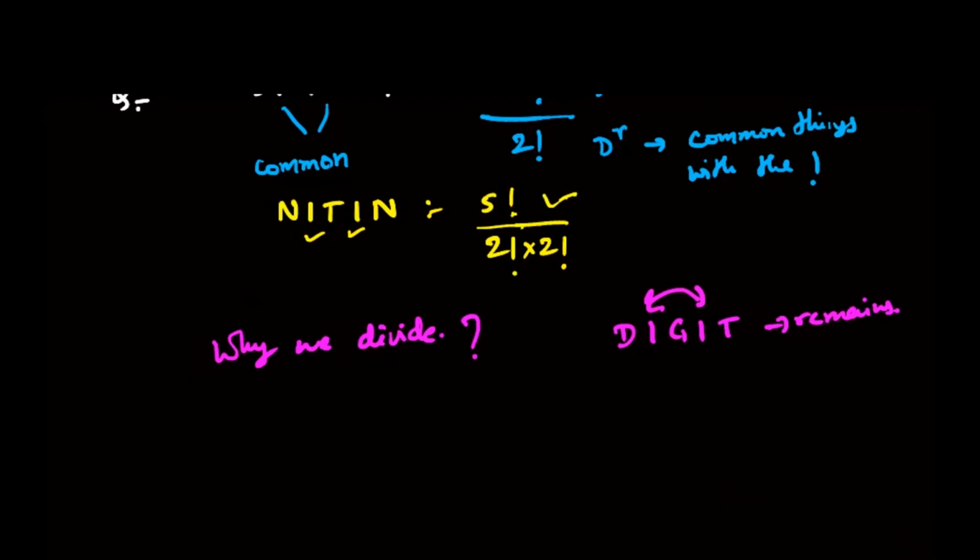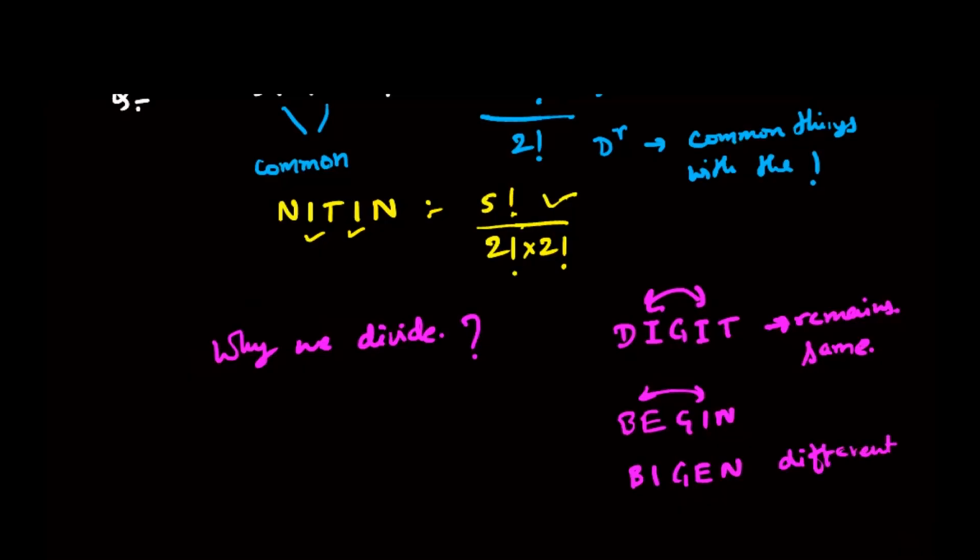If I swap any of the I's, the word does not change. So if it remains the same, can I simply say that when letters are repeating, I have to divide by 2, because I've counted it twice? DIGIT will remain the same. But in the case of BEGIN, this is one word, and when I swap this E and I, see here, BIGEN, this is a different word. That is the reason we divide. I hope I'm making sense over here.